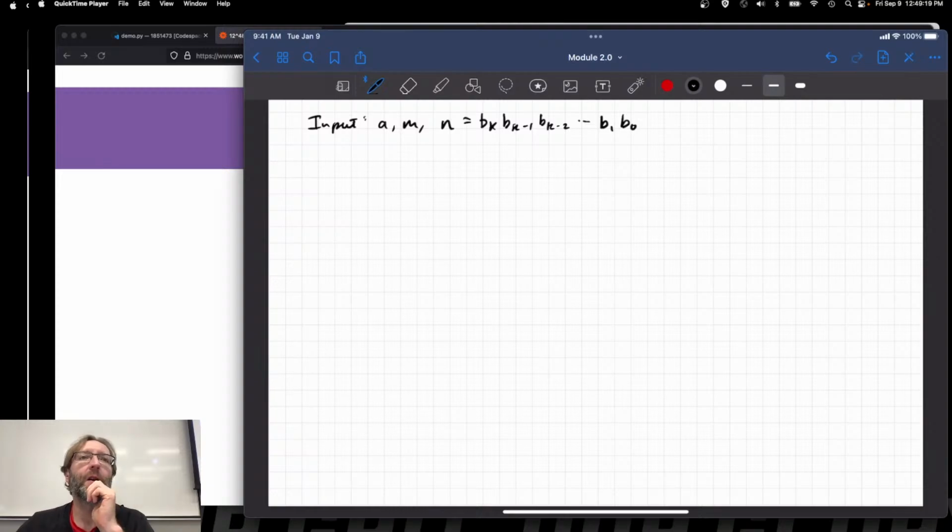So thinking ahead to next Friday when you have to write another program to do this, how do you get the binary representation of a number in Python? It's the bin function, right? And you're done. Otherwise, our output here is going to be a to the n mod m. Okay.